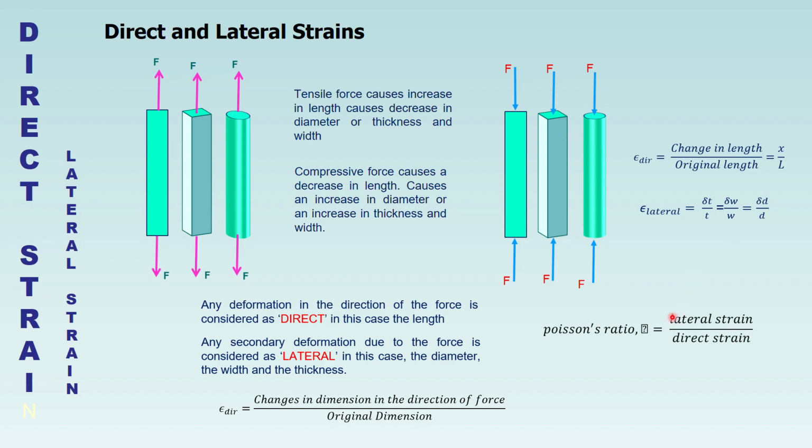Another term here is the Poisson's ratio. The symbol here should be nu. Okay, this needs to be corrected. Poisson's ratio is defined as lateral strain over direct strain.